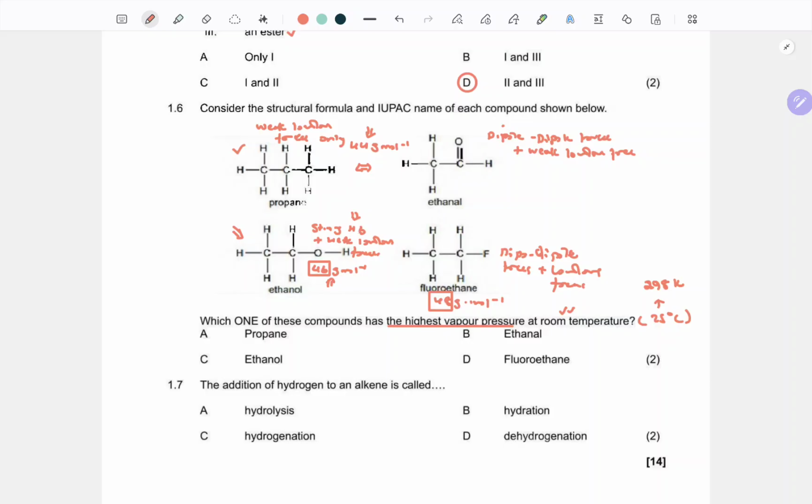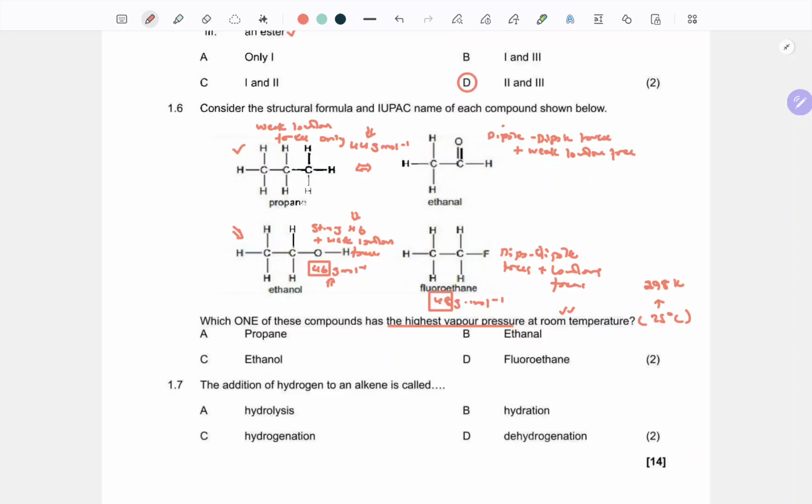So in any case, which one remains the favorite? It's still going to be propane, mainly because, compared to the others, it's definitely going to have a smaller molar mass.